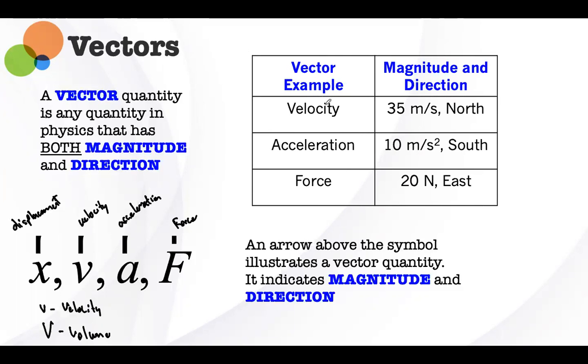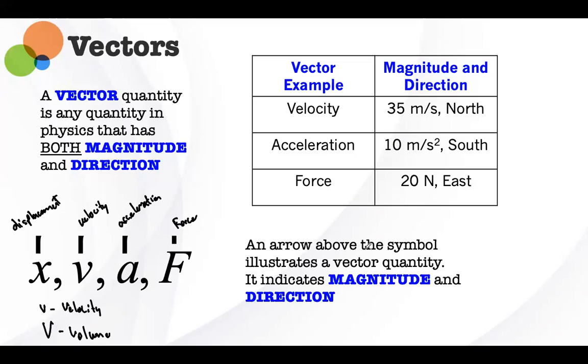So some of these examples are velocity, acceleration, and force, and we of course consider both magnitude and direction. So you have 35 meters per second north, 10 meters per second squared south, this would be for acceleration, and you have a force going 20 newtons east.